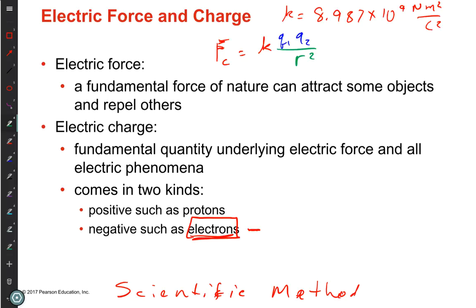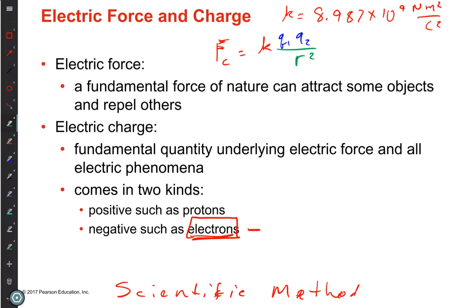But with electric charge, we saw that it comes in 2 types. So we call them positive and negative charges. And if we have 2 positive charges, they will repel. That is, 2 positive things will push each other apart. If we have 2 negative charges, they will also repel. They'll push each other apart.